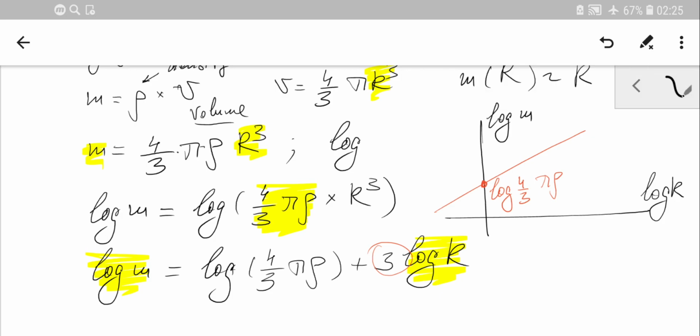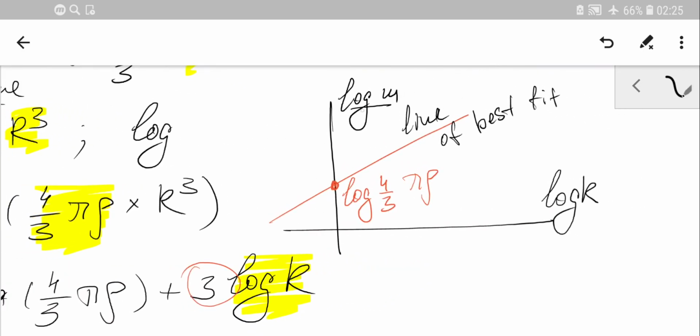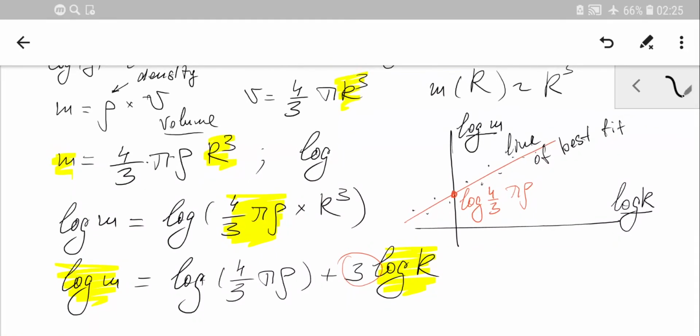It's much better because you can use the line of best fit in this case. If you have experimental data, let's assume your log m and log r are simply points. And actually, it's much better to use straight line dependency instead of the original one, which is cubic.